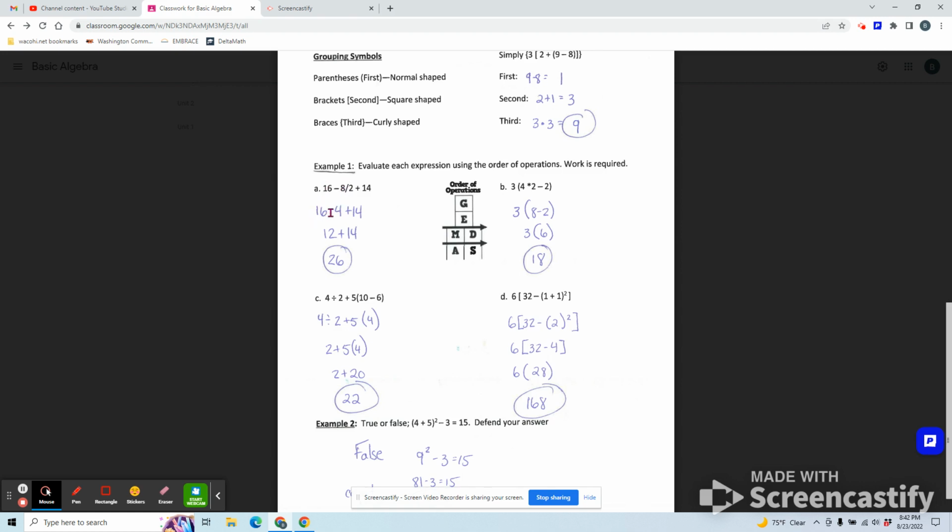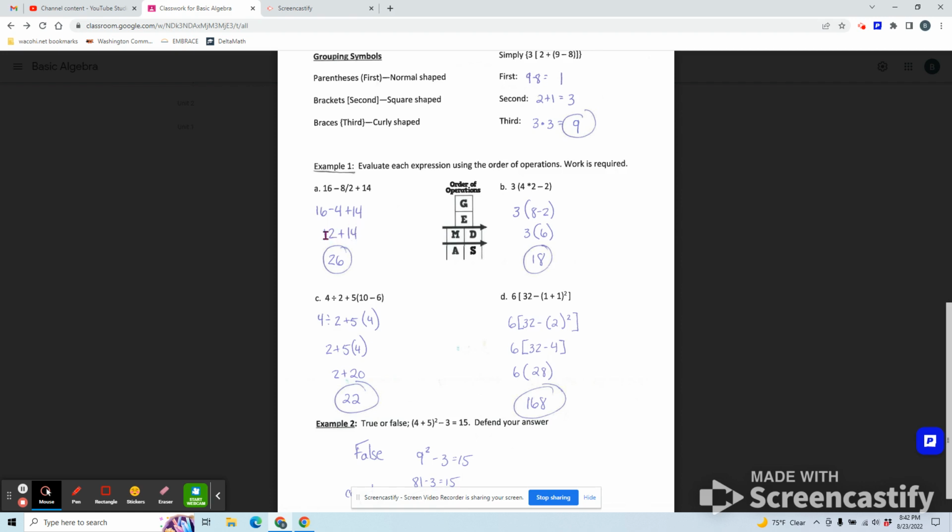So 16 minus 4 now plus 14. I don't have any other division. So now I do whatever comes first in the statement, addition or subtraction. So in this case, I see subtraction first. 16 minus 4 gives me 12. I still have the other 14 there.